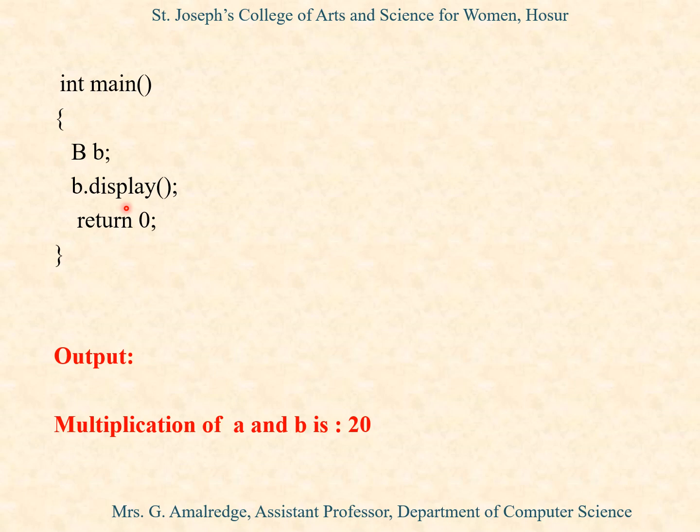In mul function, we are multiplying the value of A and B. A value is 4 and B value is 5. So 4 into 5, 20. Now we are going to print the multiplication value of A and B into the console. So the final output is multiplication of A and B is 20.